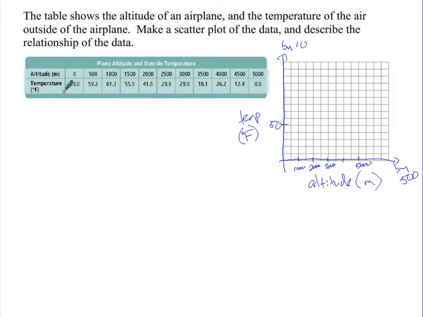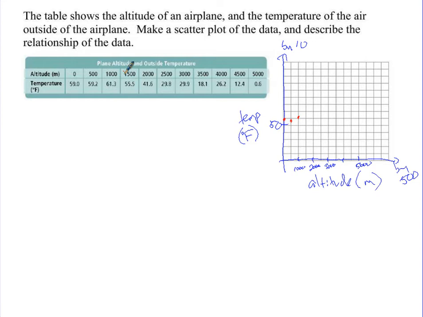All right, now you just graph all of these dots. So we have 0, 59, which is all the way up there. 500, 59.2. And then 1,000, 61.3.